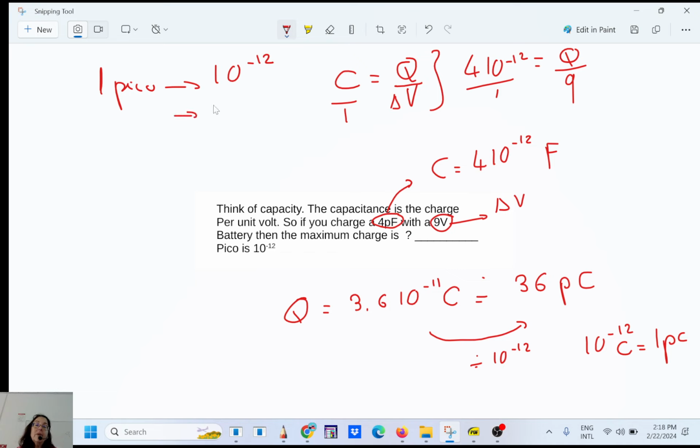If you have 3.6 times 10 to the negative 11, how many pico? You divide because you want to know how many picos go into that. If you do it in your head, to get to 10 to the negative 12, you divide by 10, so you have to multiply by 10 here. But you don't have to do it this way.